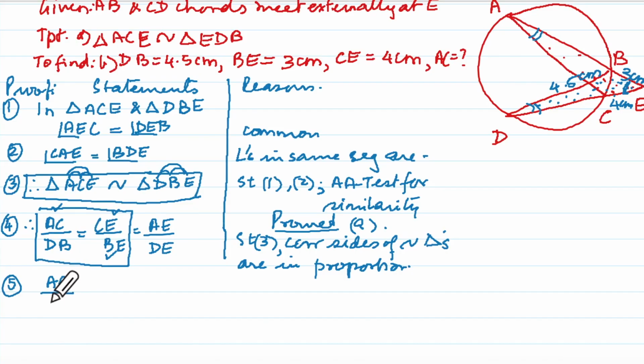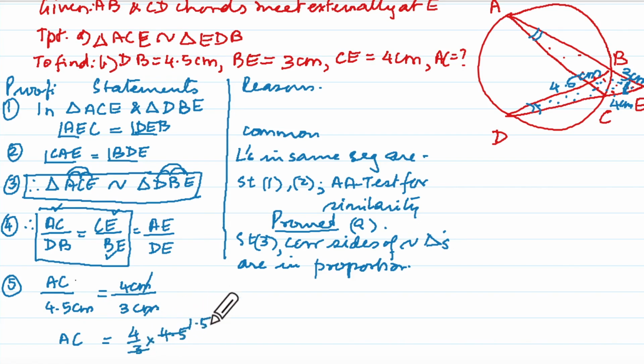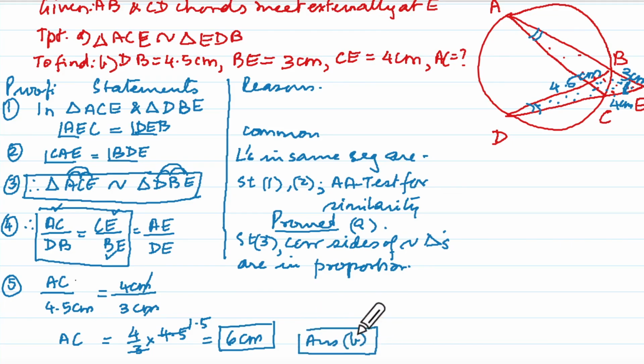AC upon DB means 4.5 centimeter. And CE is 4 centimeter. BE is 3 centimeter, which got cancelled, and AC is equal to 4 upon 3 multiplied by 4.5. 3 goes here 1.5 times, so AC came out to be 6 centimeter, and that is your answer B. Okay, so this was for 3 marks.